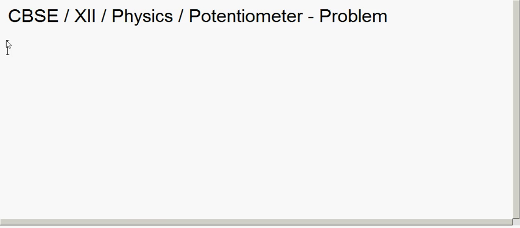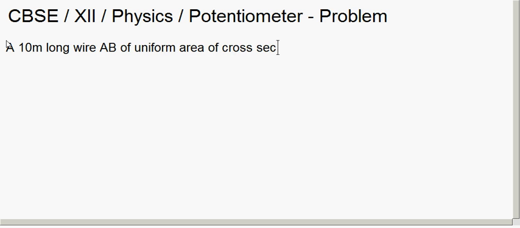A 10-meter long wire AB of uniform area of cross section and 20 ohm resistance is used as a potentiometer wire.